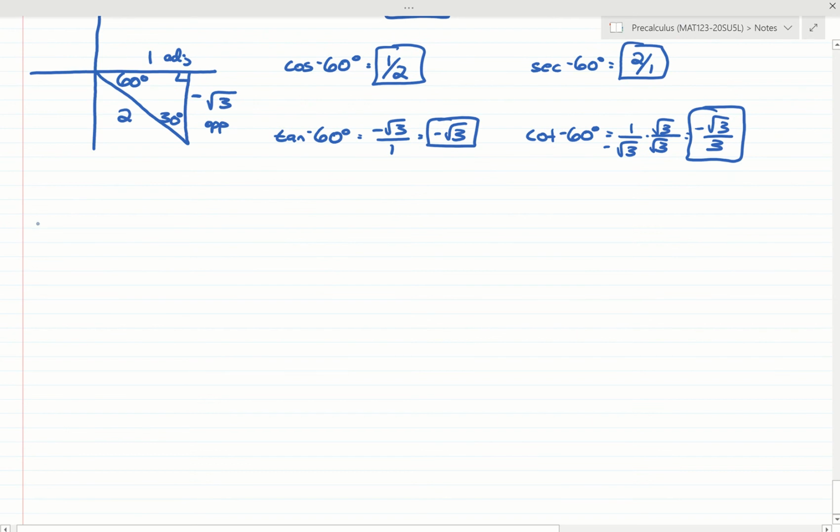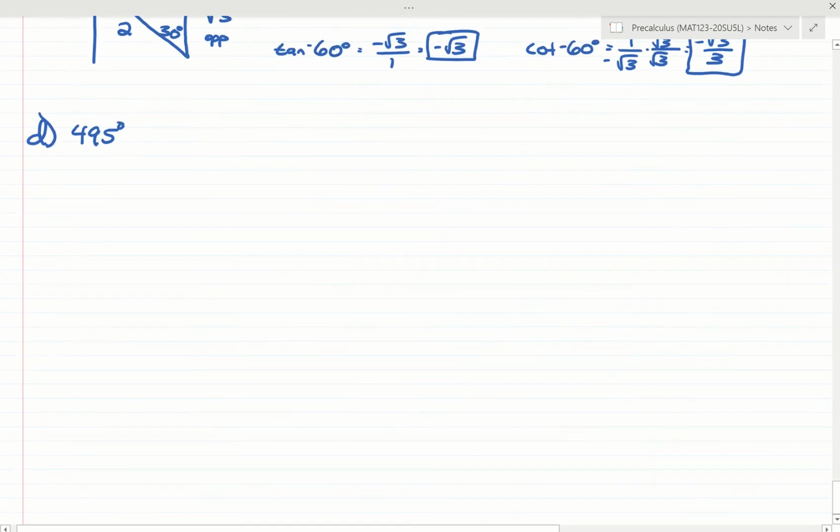Let's go to 495. Let's do a bigger one. Now 495 degrees. Let's see. You have to figure out the reference angle. So 90, 180, 270, 360, 450, and then 495 would be over here. That's 495. But we want to get to the x-axis.